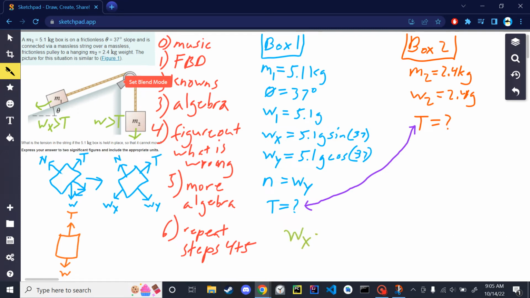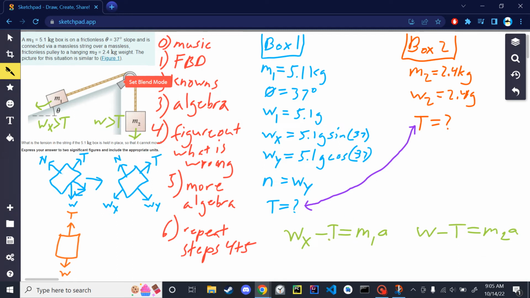Wx minus tension is equal to mass 1 times acceleration. And then W minus tension is equal to mass 2 times acceleration.